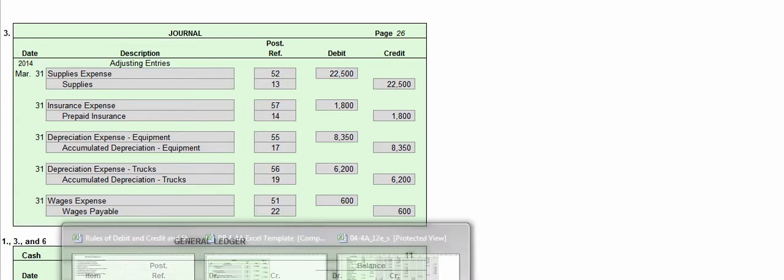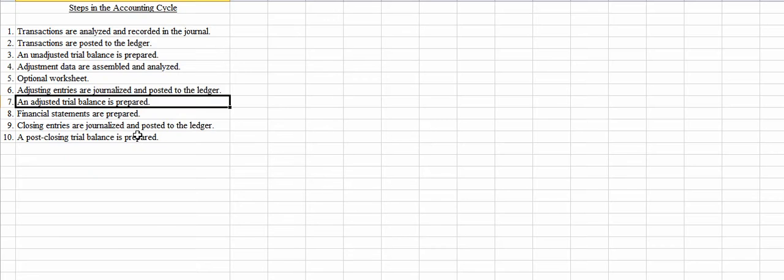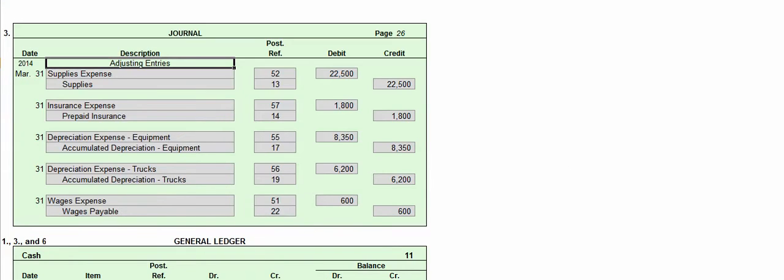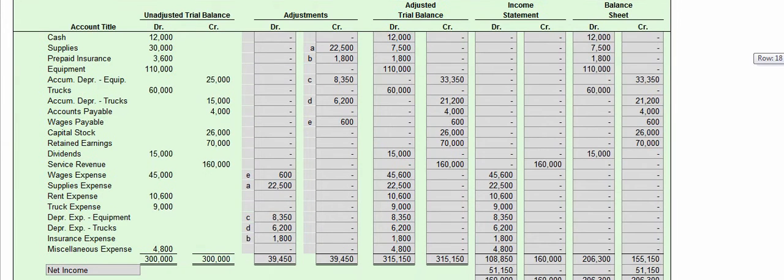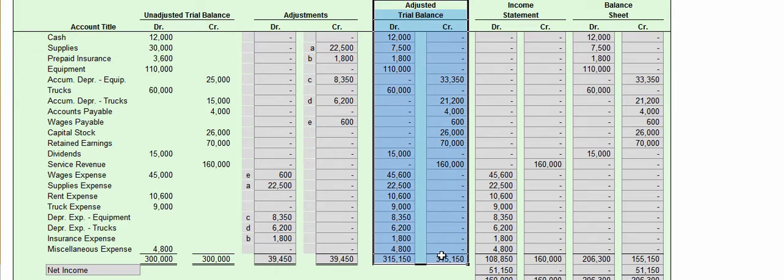Okay, you guys, we're now going to start back with step 7 in the accounting cycle. An adjusted trial balance is prepared. We've actually already completed that step up here on the worksheet. Our adjusted trial balance is right here.